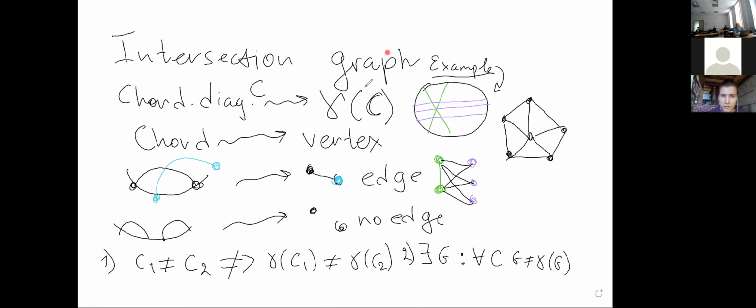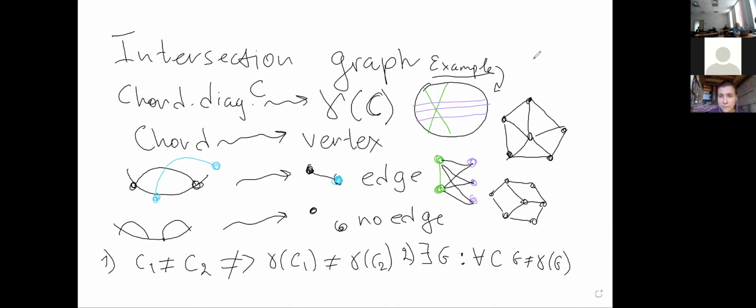And here there are some other examples. For example, this graph is not an intersection graph of any chord diagram.